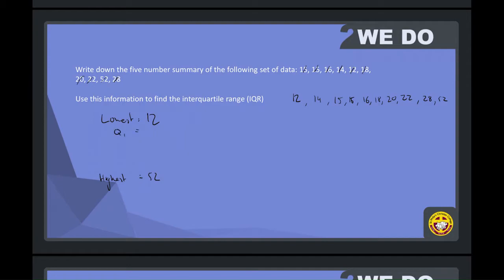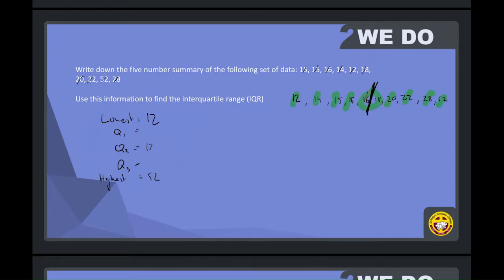And now let's do the quartiles. Crossing off from the ends, we end up with a median of 17 in between 16 and 18 here.